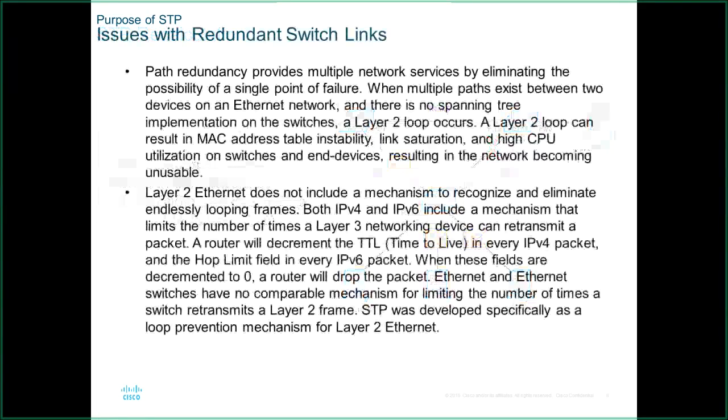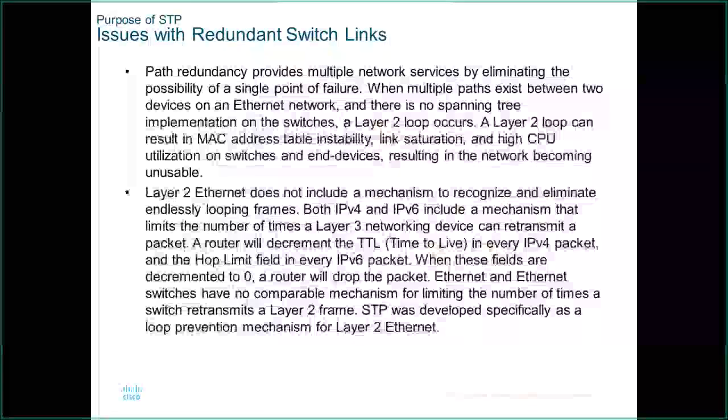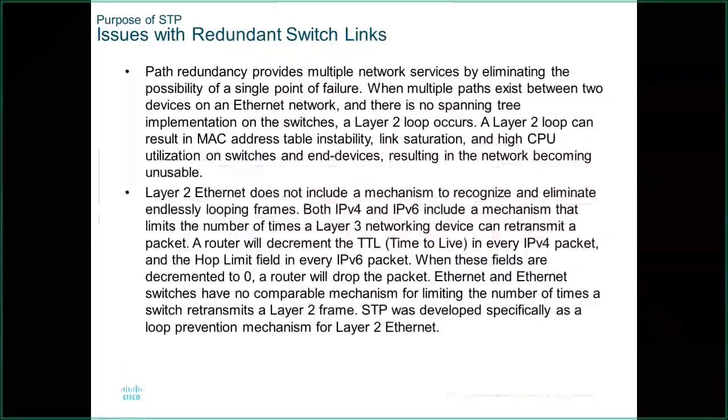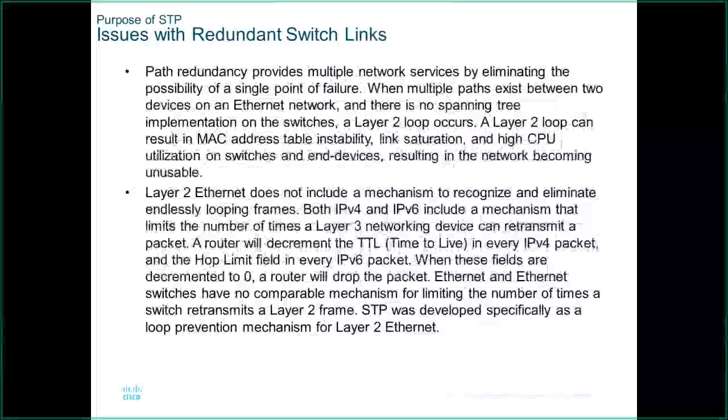So what this does is it provides us with the ability to create redundant networks by eliminating a single point of failure within the tree, and we control the port so that a layer 2 loop doesn't exist.